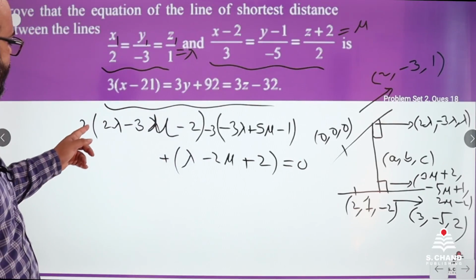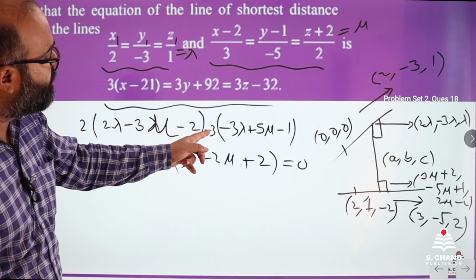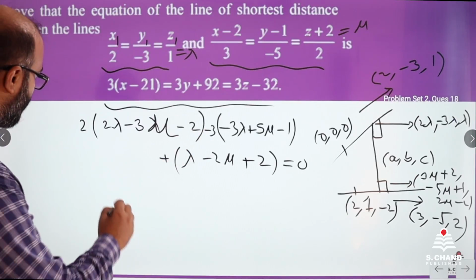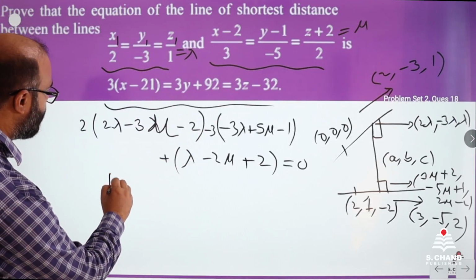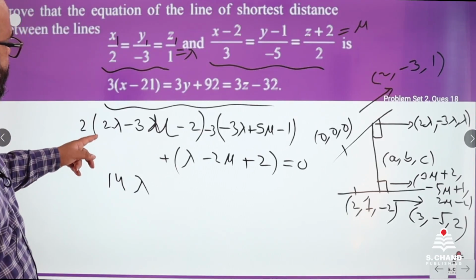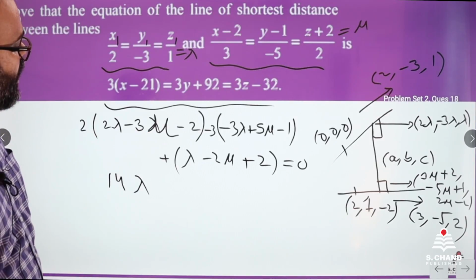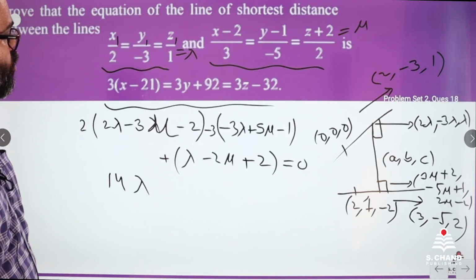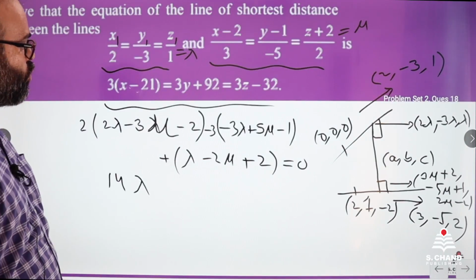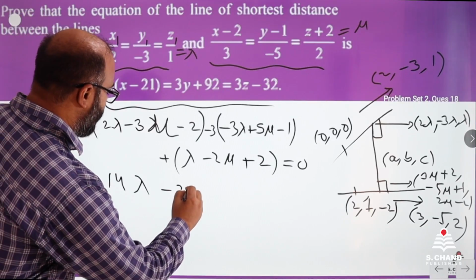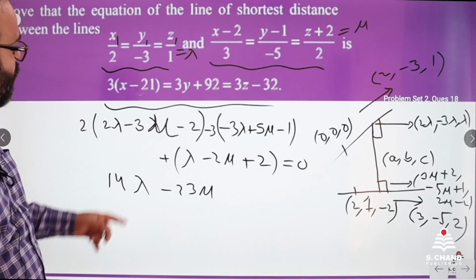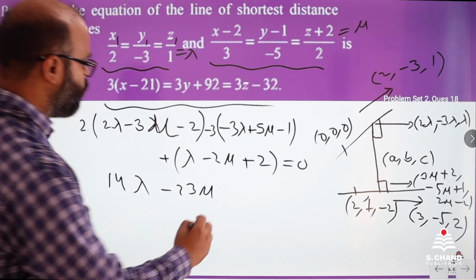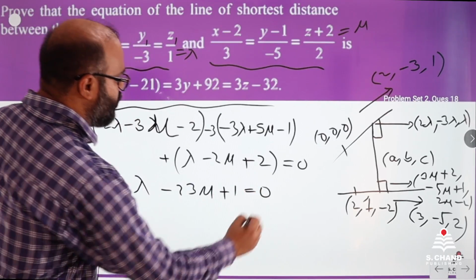What will we get? 4 lambda plus 9 lambda, 13 lambda, plus lambda is 14 lambda. Then minus 6 mu minus 15 mu, minus 21 mu, minus 2 mu is minus 23 mu. Then the constants: minus 4 plus 3 minus 1 plus 2 plus 1 is equal to 0. So this is one equation.